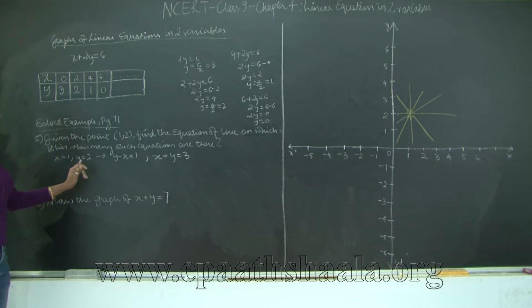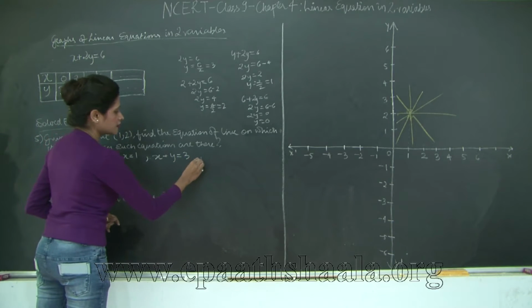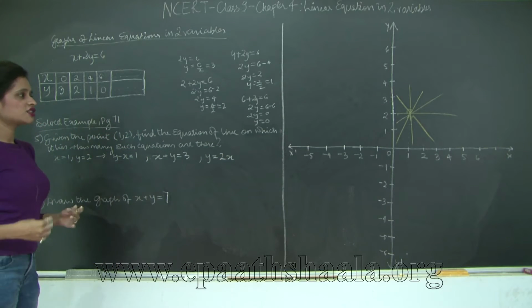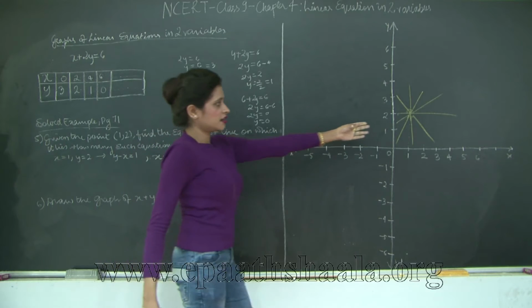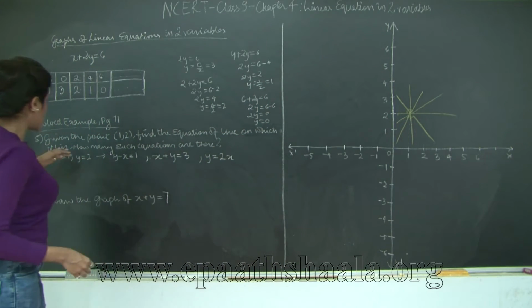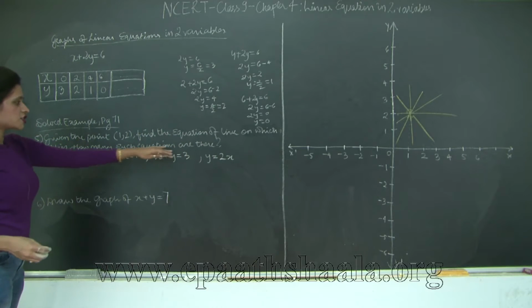Also, if you notice, y is twice of x. So I can say y is equal to 2x. And similarly, we can have many such equations, and this drawing itself is a proof of it. So how many such lines, how many such equations are there?